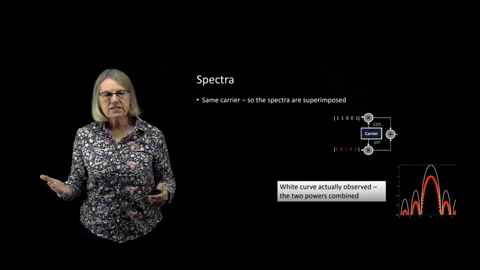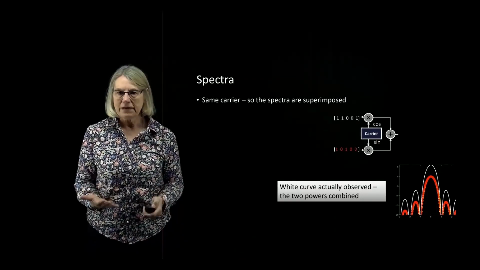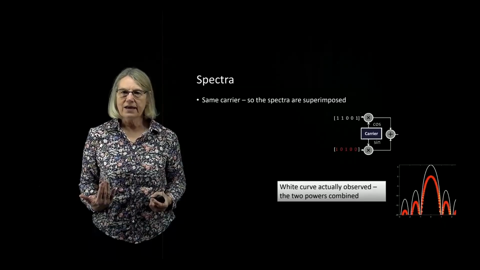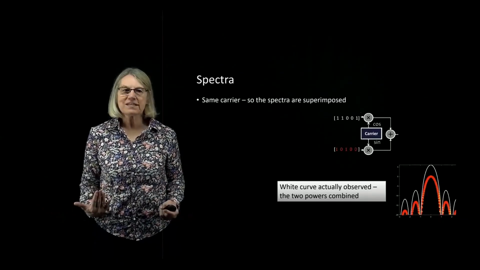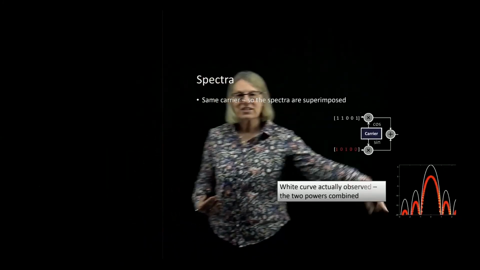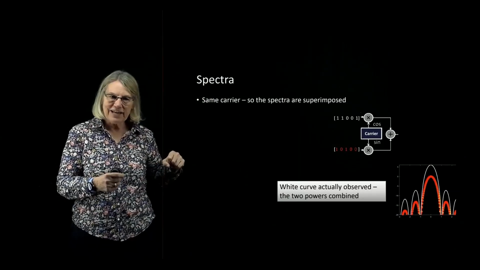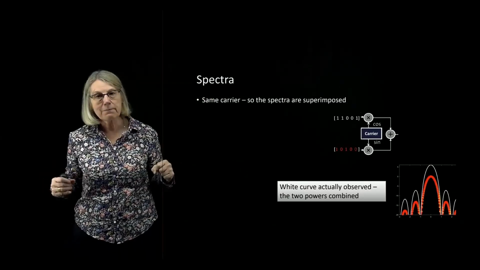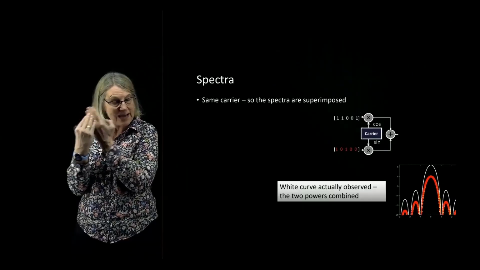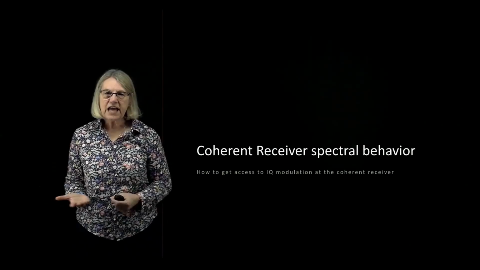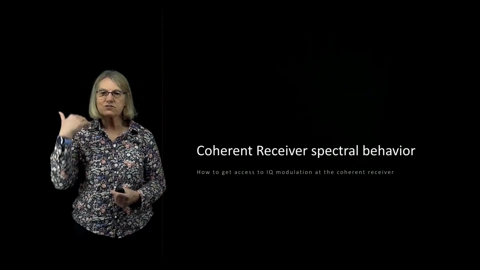So given that this is what's happening at the transmitter, how is it that at the receiver I can keep things straight? How is it that I can take this white curve as power spectral density, and recover this yellow and the red and separate them even though they're on top of each other in the frequency domain?